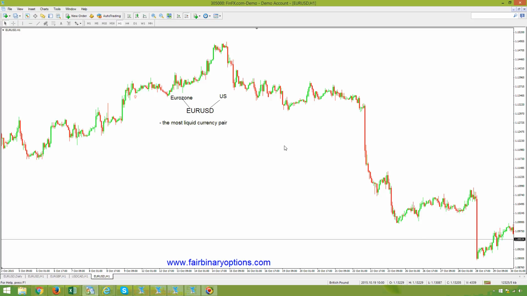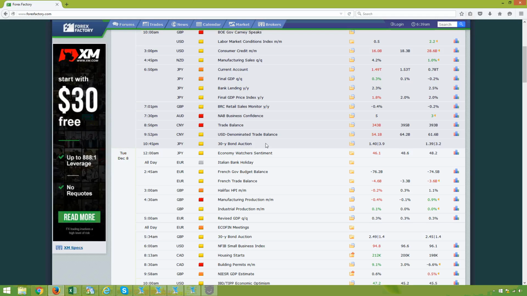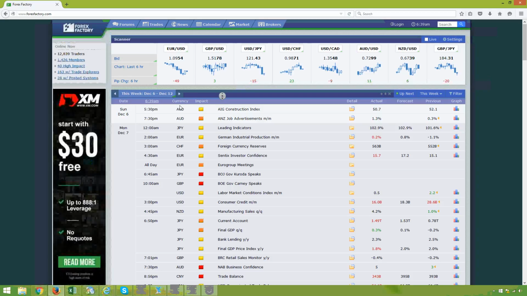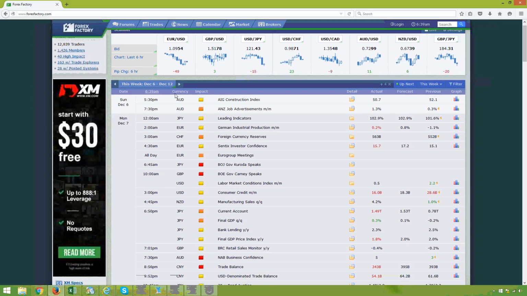Now what does it mean? Well, if you go on the economic calendar, this is Forex Factory, but you can use whatever economic calendar you want. You look at the data being released on the currency column, and you are looking for the news out of Europe and out of the United States.